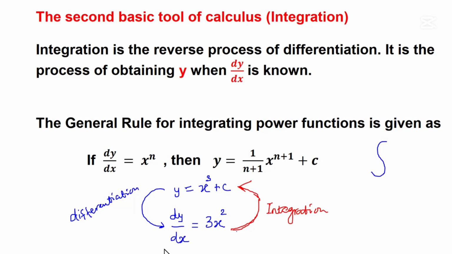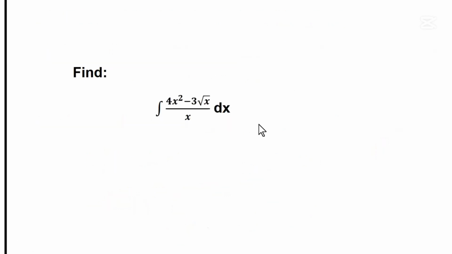Okay. Now, let's take an example. So I'm going to solve an example to further clarify this. Find the integral of (4x squared minus 3 root x) over x dx.